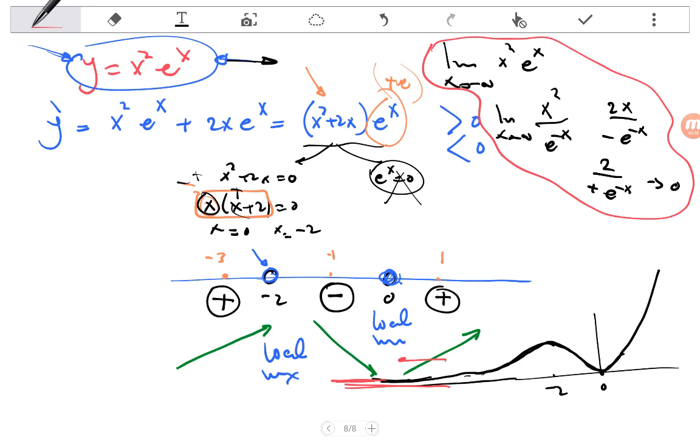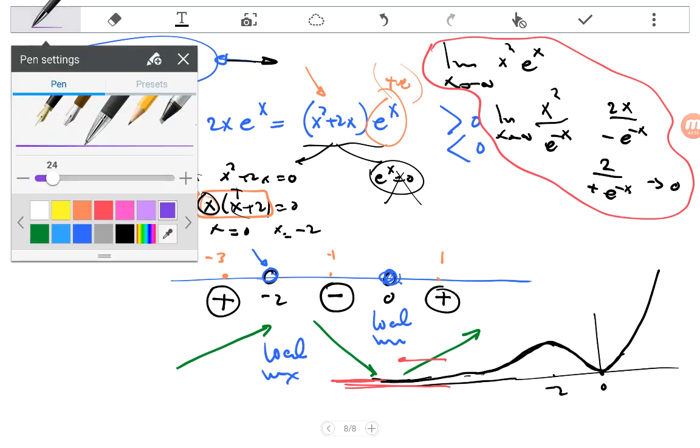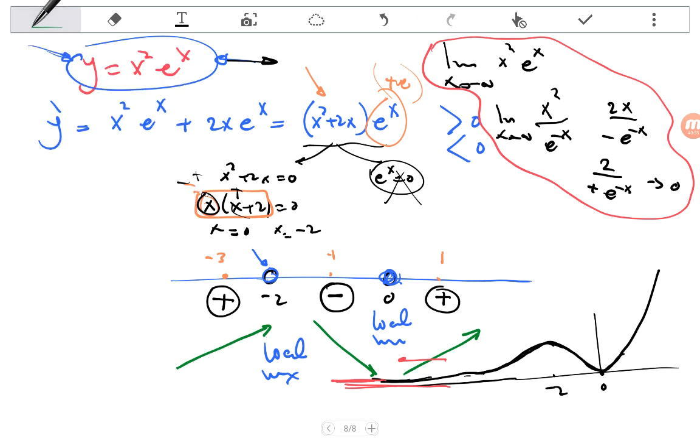Okay? Now, can I know the global maximum or the global minimum? How to know the global maximum or global minimum? We just find when this derivative is equal to 0.